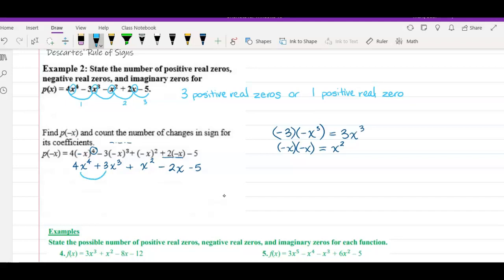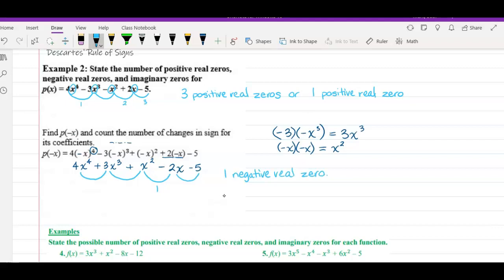Going from the first term to the second term, no change. From the second term to the third term, no change. They're both positive. Going from the third term to the 4th term, we have a sign change. And going from the 4th term to the 5th term, no change. So that means there could be 1 negative real zero.